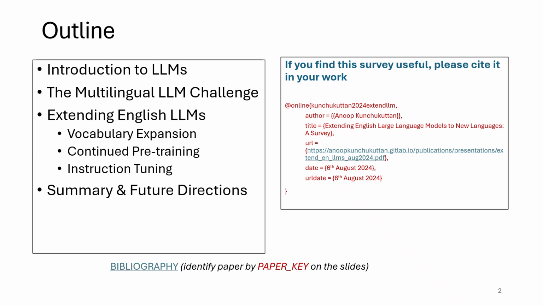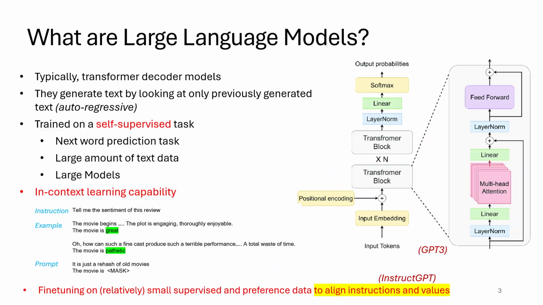And finally, we will summarize the learnings and some possible future directions of work and research in this area. So all the material for this survey will be available on the GitHub page, and there is a bibliography that we'll keep maintaining so that it is up to date. So let's get started.